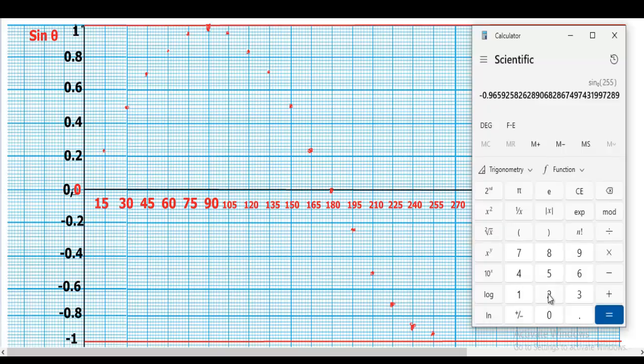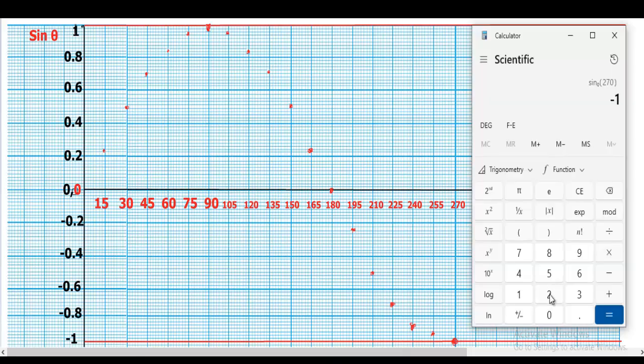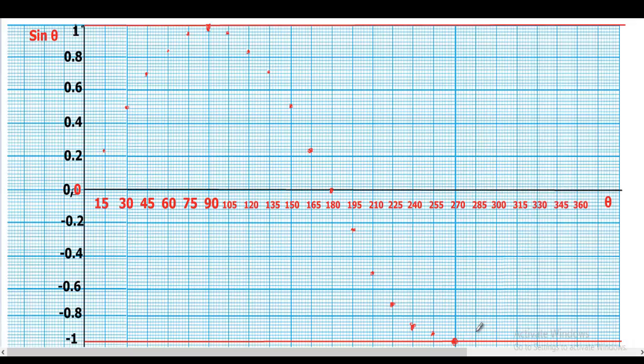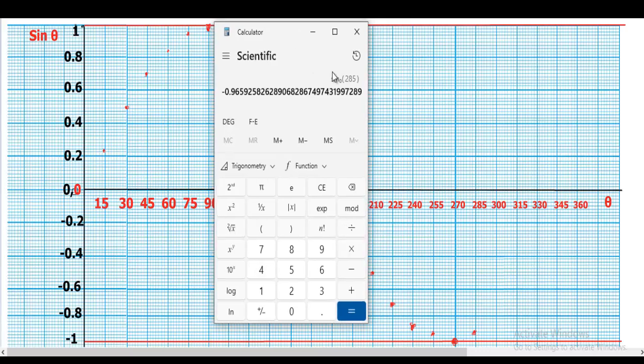Then sine 270 would be negative 1 at this point. Okay, continue. Sine 285 to be negative 0.96 approximately here.